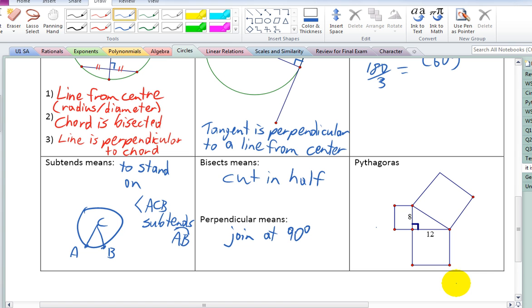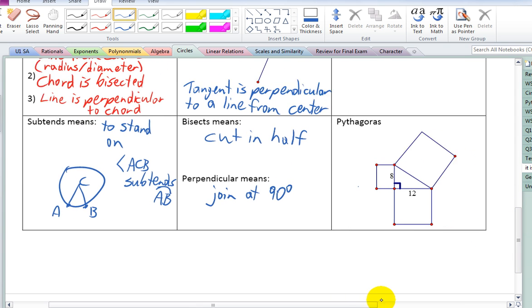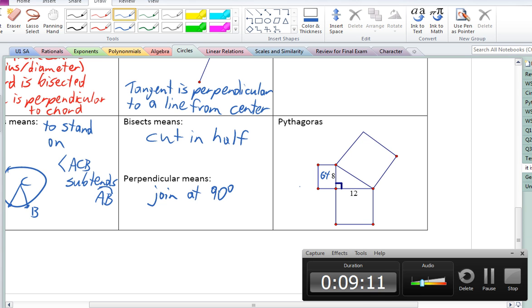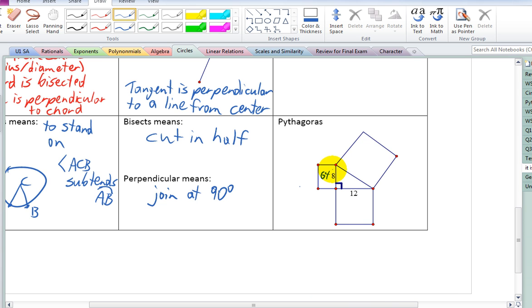And last but not least, you got our favorite thing in the whole world, Pythagoras. Is awesome. So 64 I'm going to put there, 144 I'm going to put there, and what goes in the other square? 208?